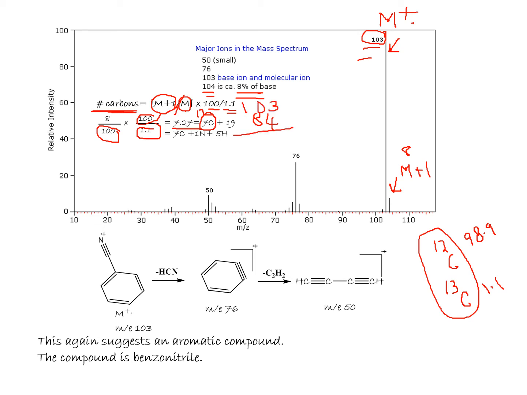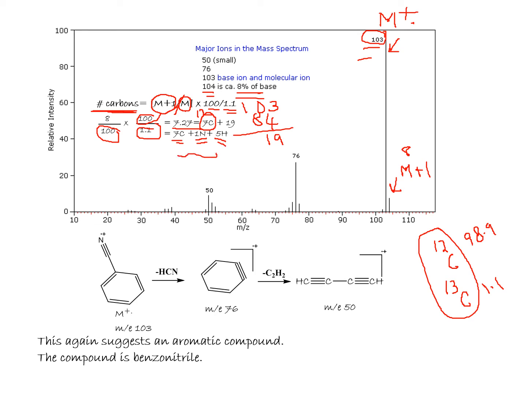So the difference is 19 mass units. We have 7 carbon. We are proposing that we have 1 nitrogen. This leaves 5 hydrogen to make up the 103.